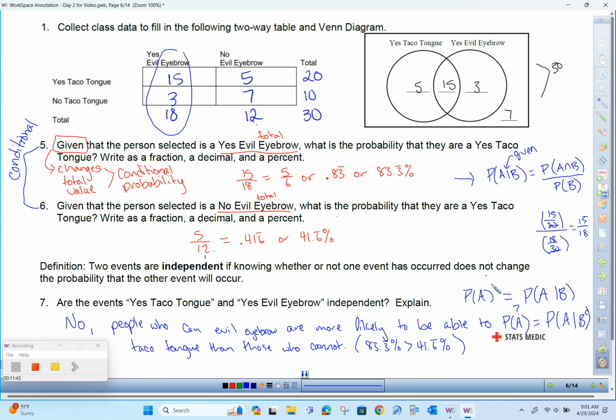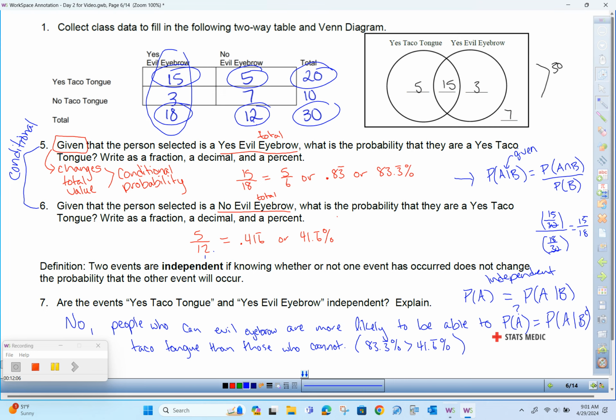Okay, this is your independent test. And when you have a table, you can do it pretty quickly because you're just seeing, are these proportions the same all the way through? Is this 15 over 18 the same as 5 over 12? Is it the same as 20 over 30? If it's not, then it's not independent.